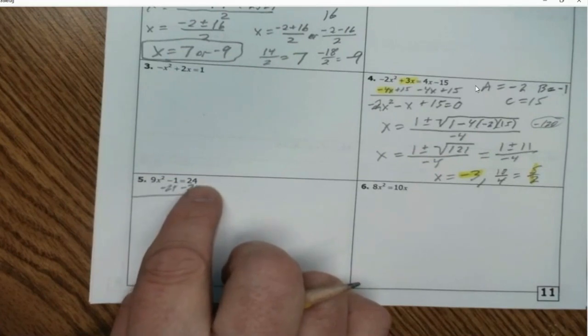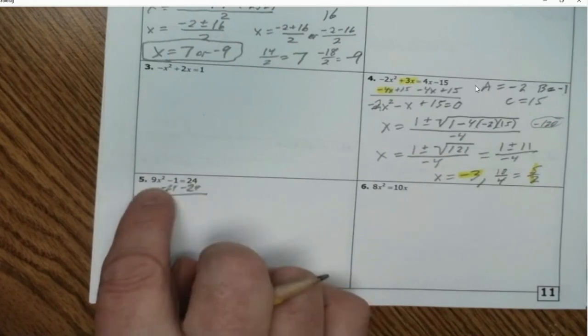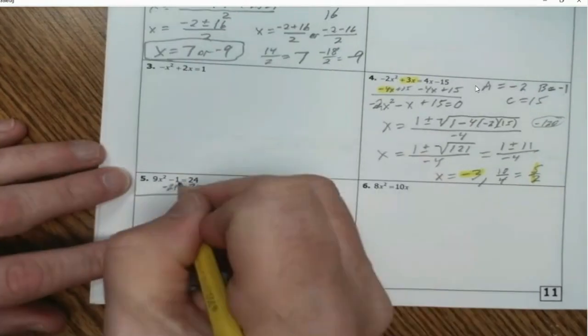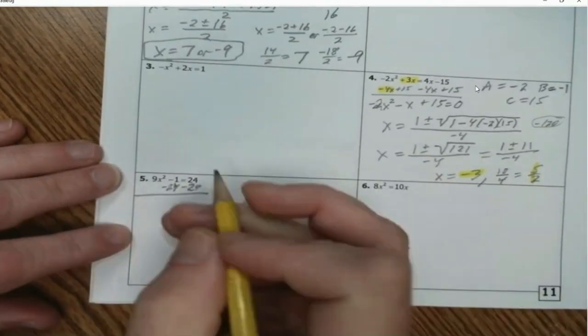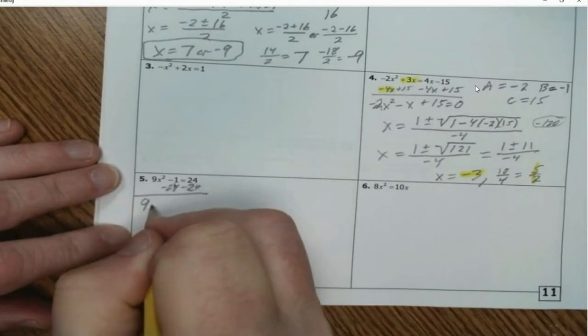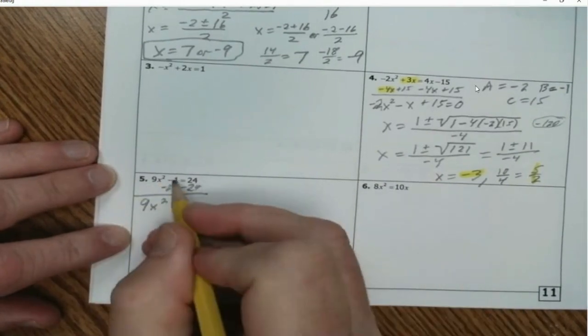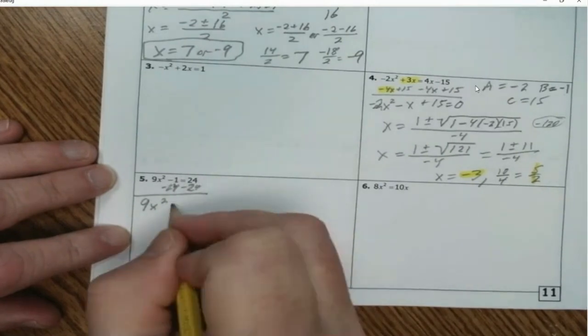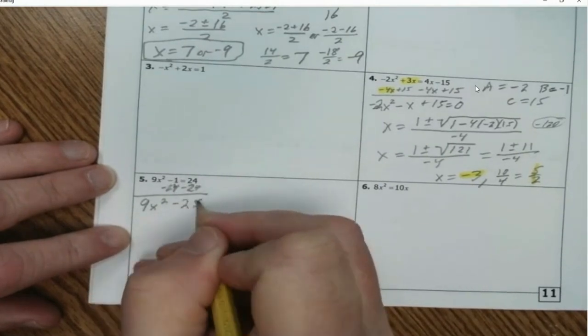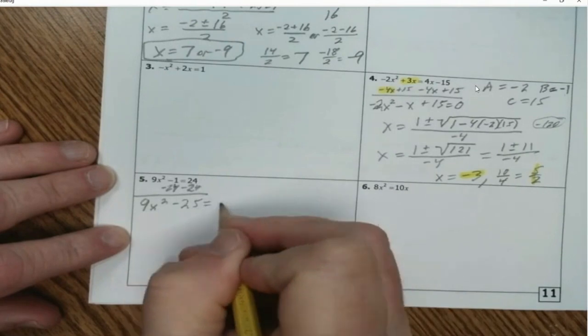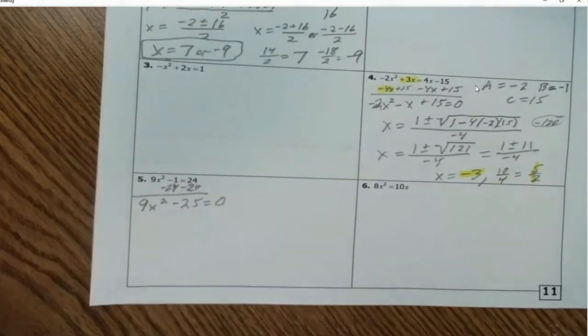If it was 24x squared, we could subtract it from 9x squared. It's not. It's only a number. It's only 24. So 9x squared just comes down by itself because nothing happened to it. Minus 1 minus 24. That's minus 25 altogether. Equals 0 because 24 minus 24 went away.